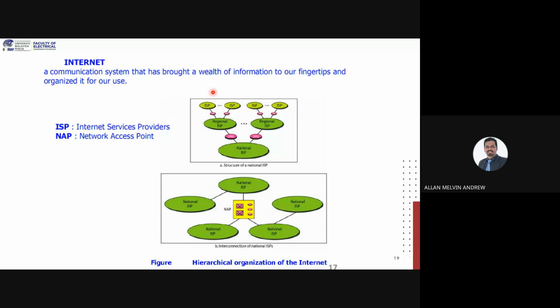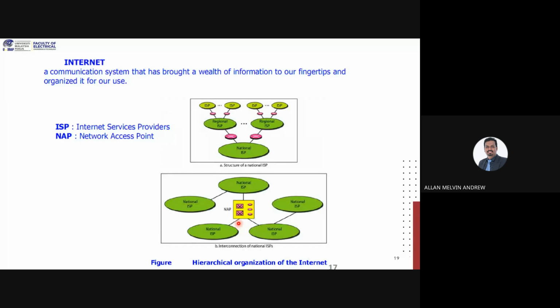All the information will be passed to the regional ISP, the regional ISP will pass it to the national ISP, and if it's accessible, it can be shared in your network access point. The network access point is a combination or connection between various national ISPs.